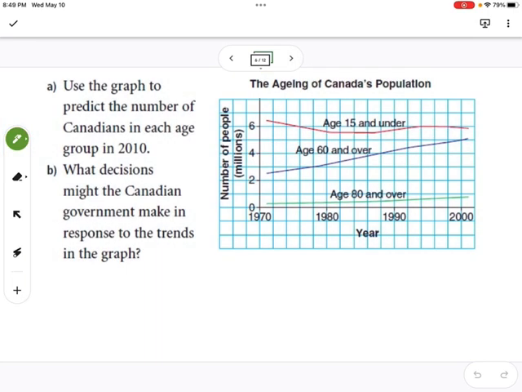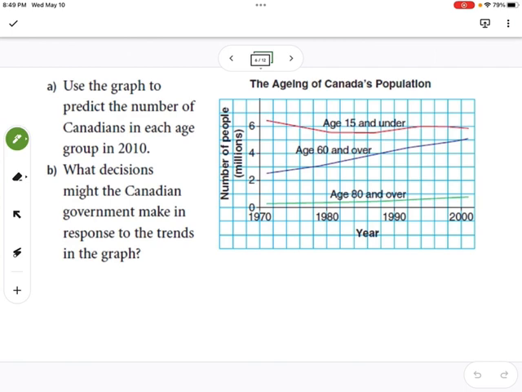Okay, so looking at the graph here, we have the aging of Canada's population. So we have three different lines or three different age groups here. So the red one is representing age 15 and under.